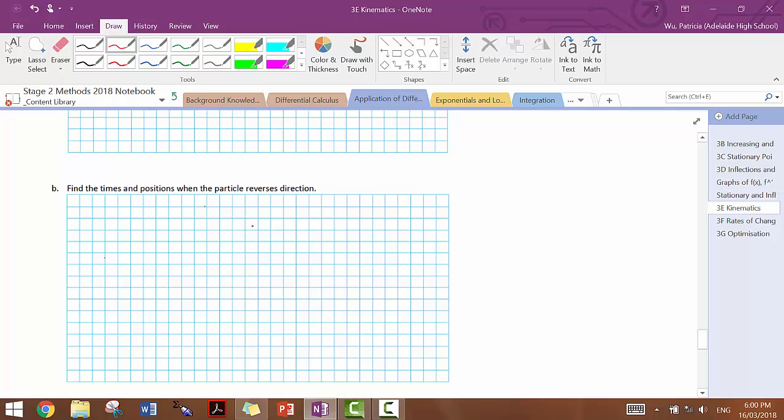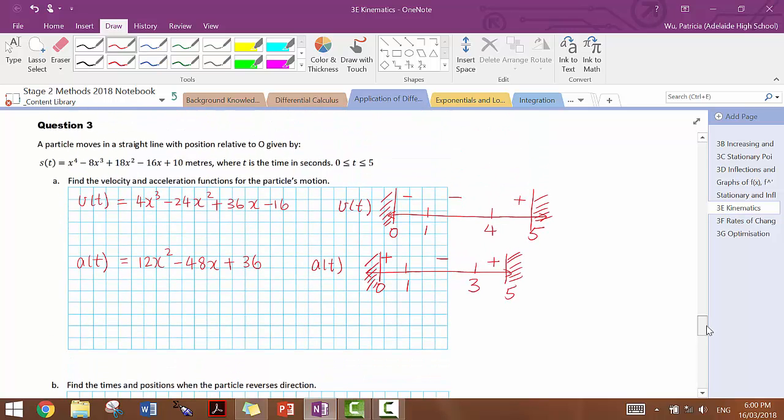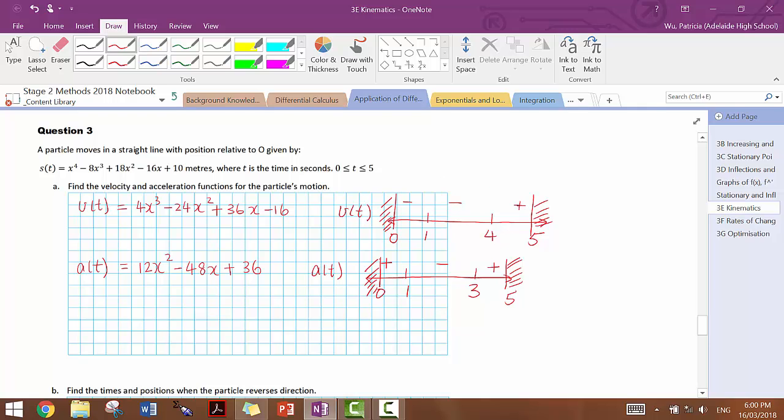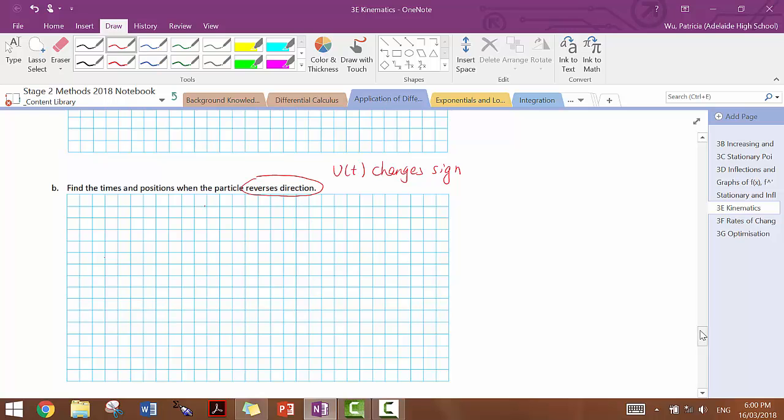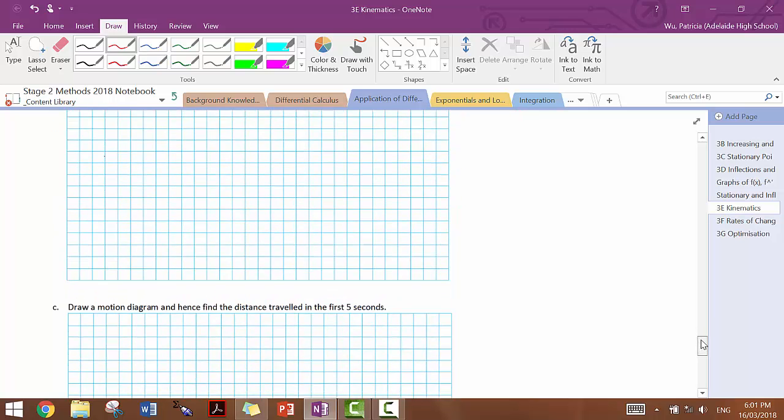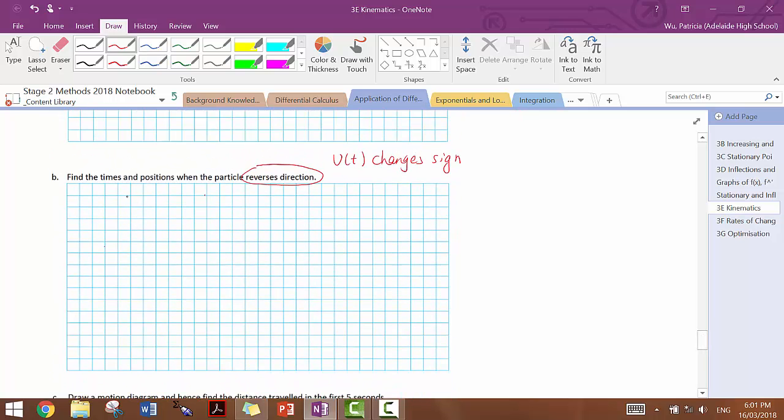Well, it's asking us to find the times when the particle reverses direction. Well, it reverses direction when the velocity function changes sign. And from the sign diagram, you can see the velocity changes sign at t equals 4. So we will be able to figure out the time, it should be 4 seconds, at t equals 4.